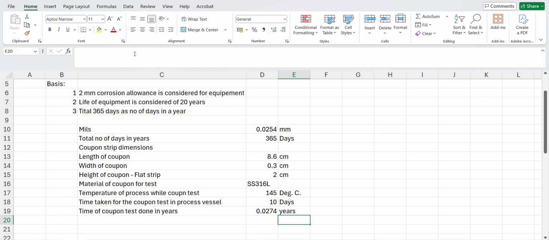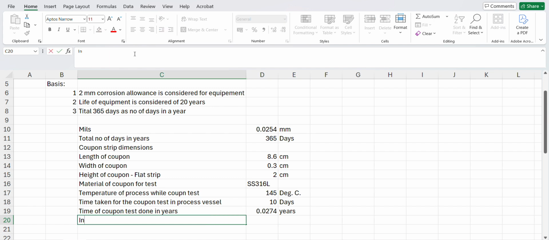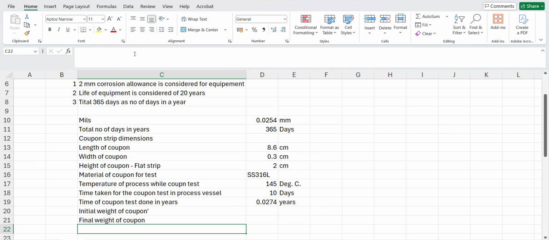Then we need some data: the initial weight of the coupon and the final weight of the coupon, which is measured later on.